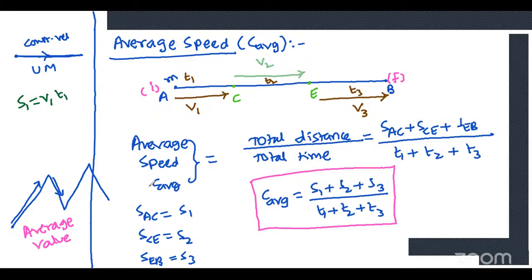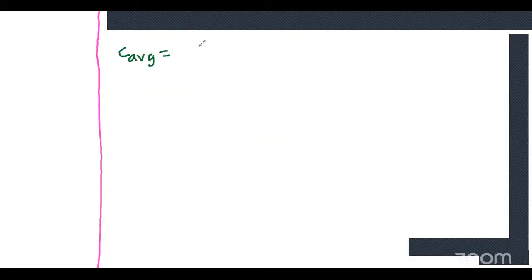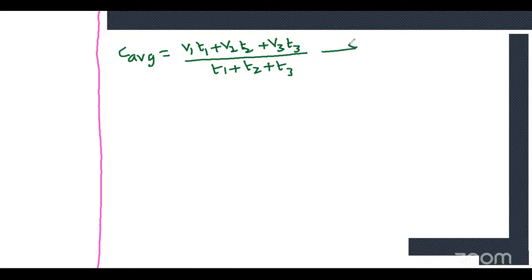Similarly, in the second interval V2 T2, and in the third interval V3 T3, divided by total time, T1 plus T2 plus T3. This is the second formula.